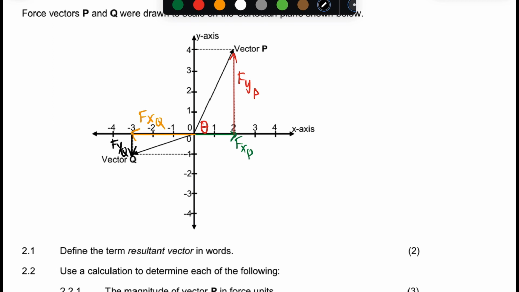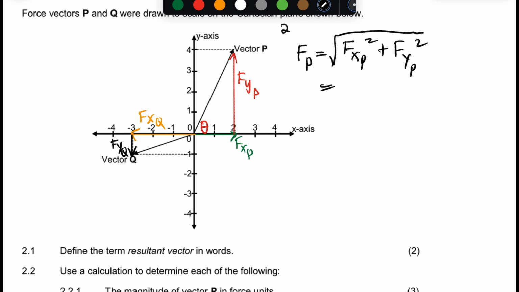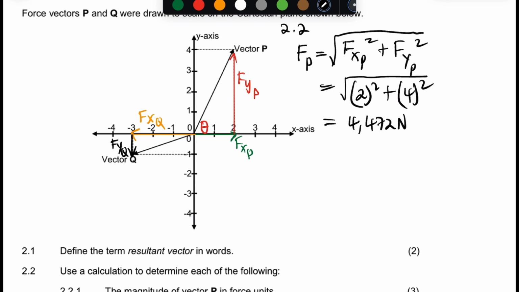For force P, we say the square root of Fxp squared plus Fyp squared. Fxp is 2 and Fyp is 4, squared. So when you punch that in the calculator, the answer will be 4.472 newtons, right?